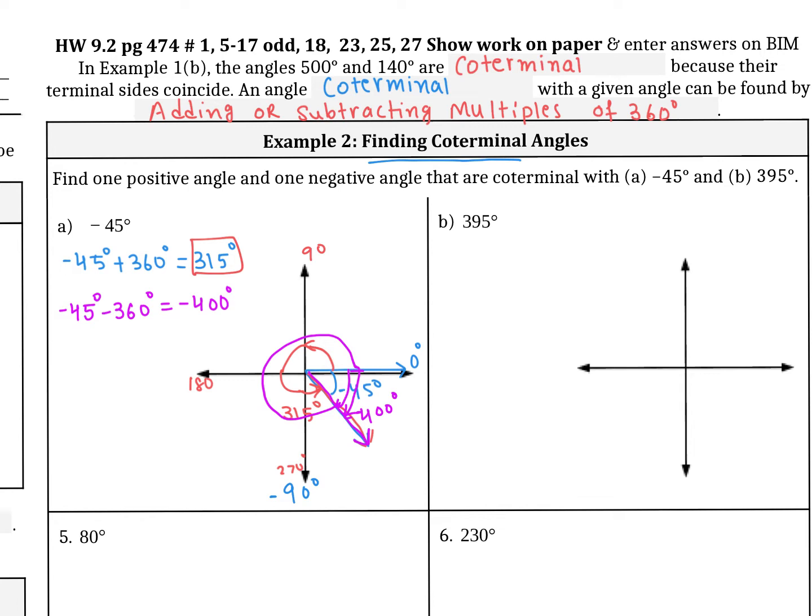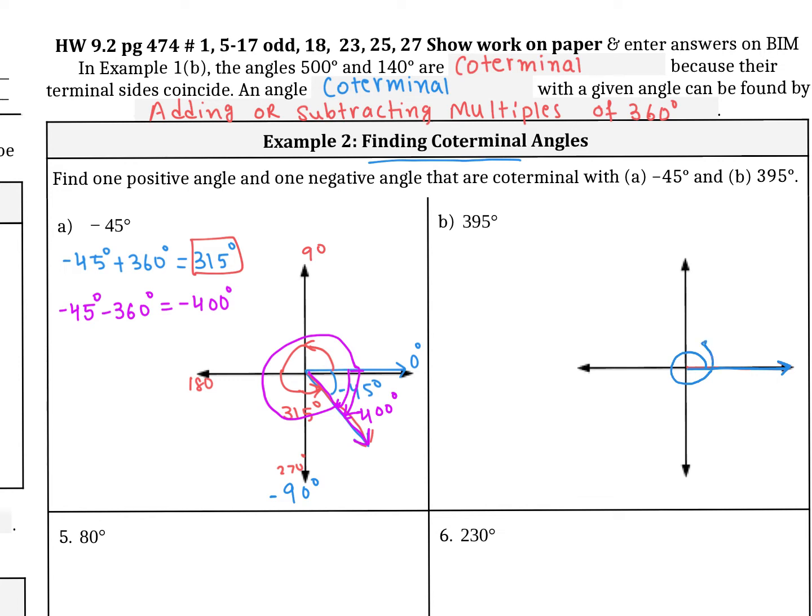You're going to graph 395. So 395 is already more than 360. So you have one circle complete. So you have a terminal that is this initial side. Starting from here, 0, 90, 180, 270, and 360. After 360, you're going to get 35.